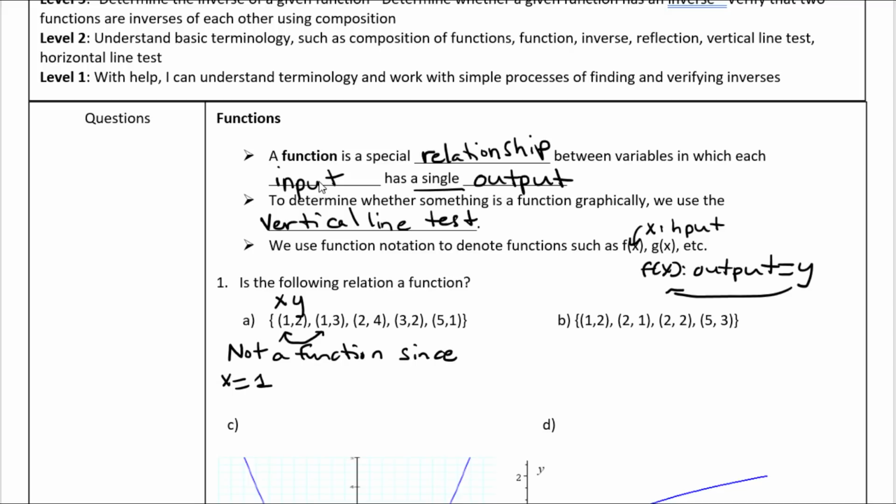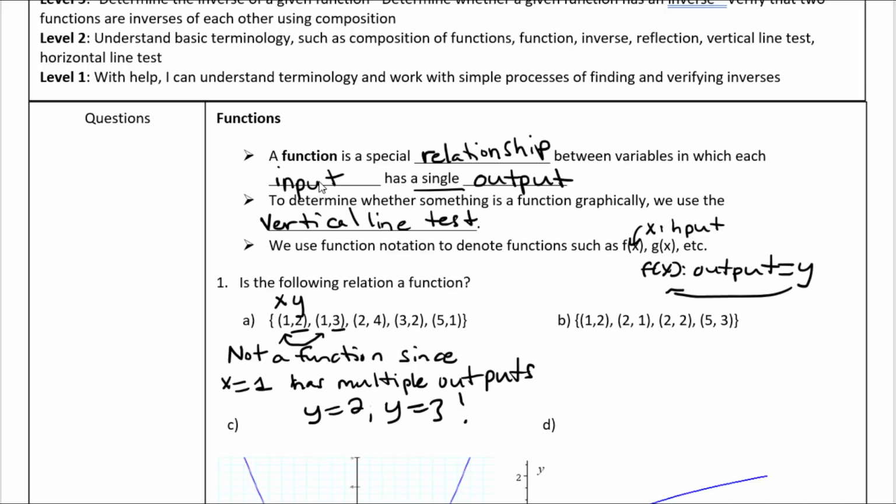So this is not a function, since x equals 1 has multiple outputs. Y is equal to 2 and y is equal to 3. Now look, part B, we're looking at the same thing here.